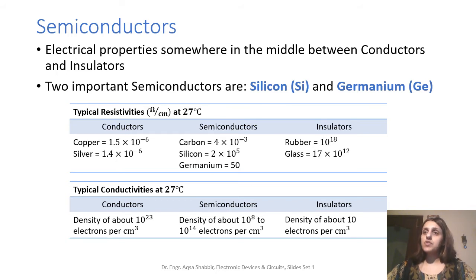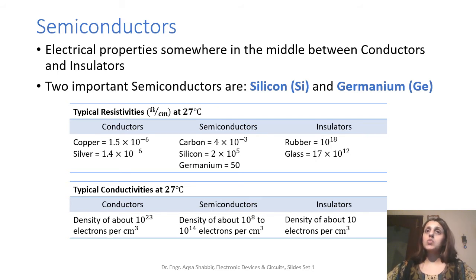The two tables over here list the typical resistivities and conductivities of conductors, semiconductors, and insulators at the temperature of 27 degrees centigrade. Now, if I look at the table which lists the resistivities, I see that copper, which is a very good conductor, has a very low resistivity. Its resistivity is roughly 1.5 into 10 raised to power minus 6 ohm-centimeter.